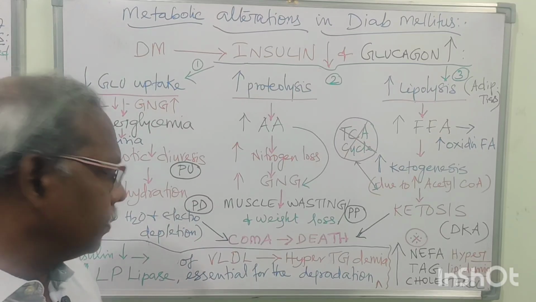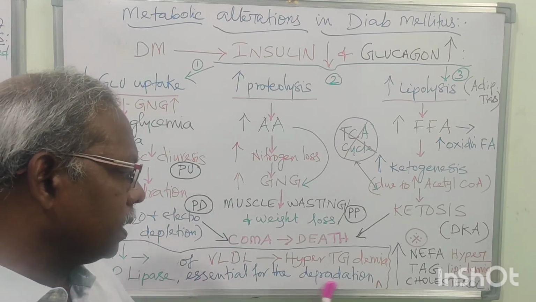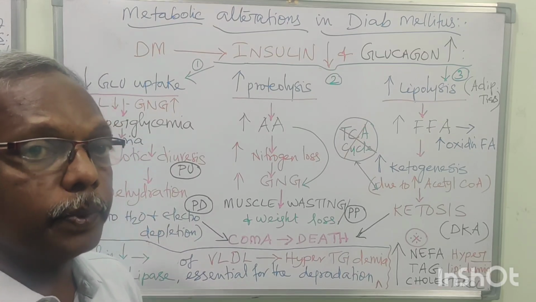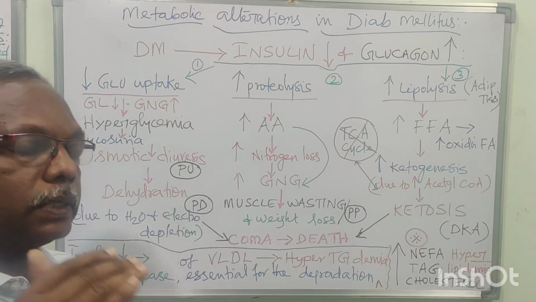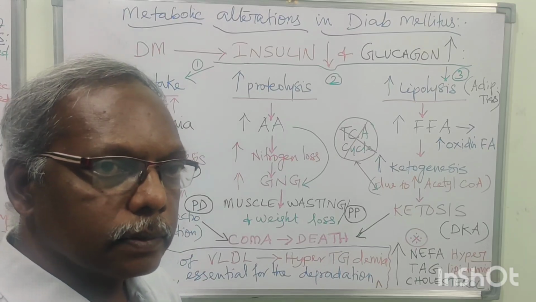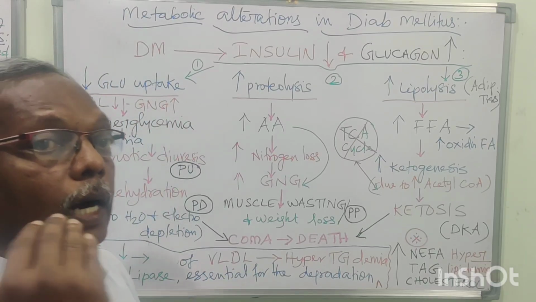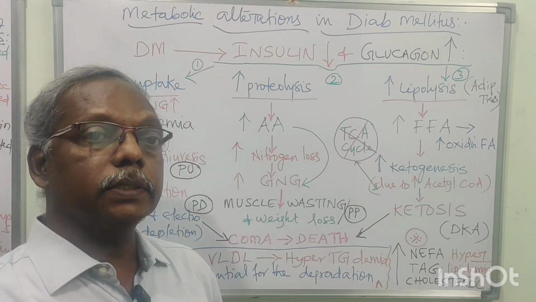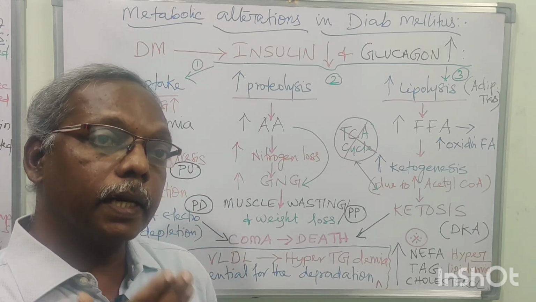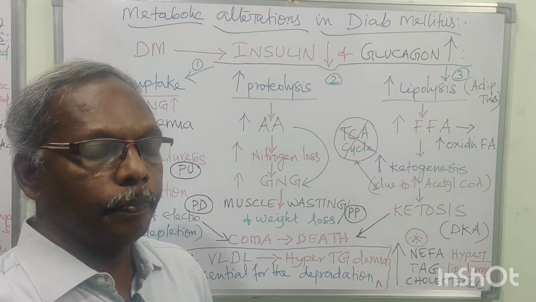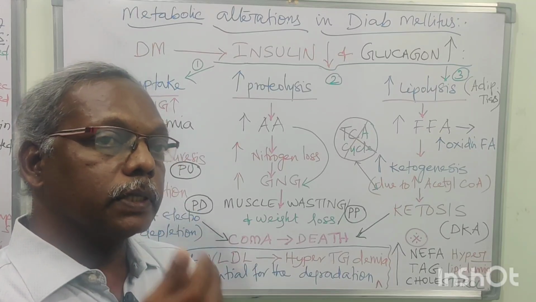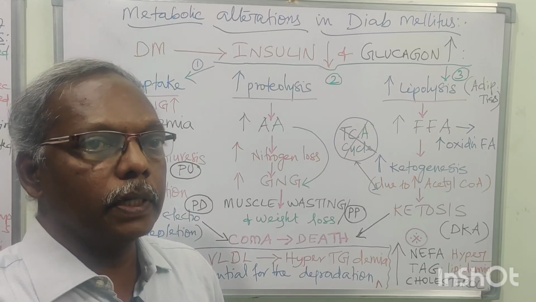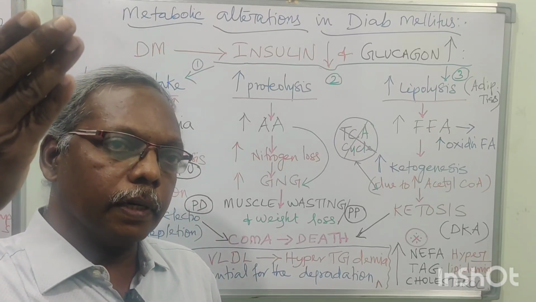It is essential for the degradation of VLDL, very low density lipoprotein, which is important for the synthesis of LDL, low density lipoprotein. So lipoprotein lipase is very important for the degradation of VLDL. Due to the deficiency of insulin, this lipoprotein lipase also will be deficient. So the VLDL level will get elevated.